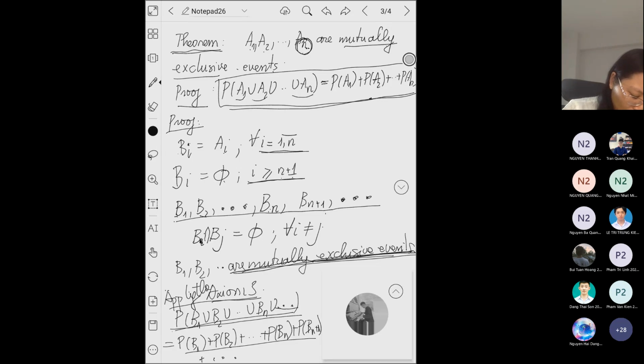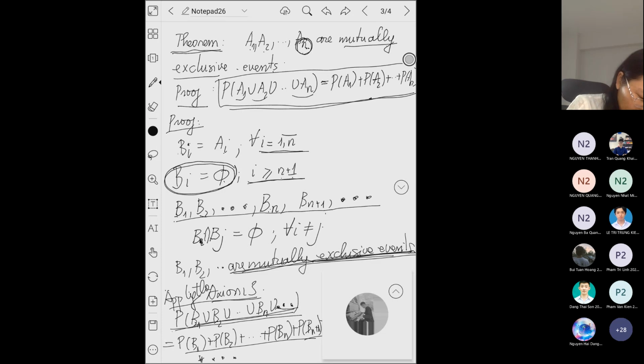We have the probability of B1 union B2 union B3 and so on equals the sum of the probabilities of the individual events plus the rest. Do you see that Bn plus 1, Bn plus 2, etc. equal the empty set? So inside the left hand side there are only B1 to Bn.